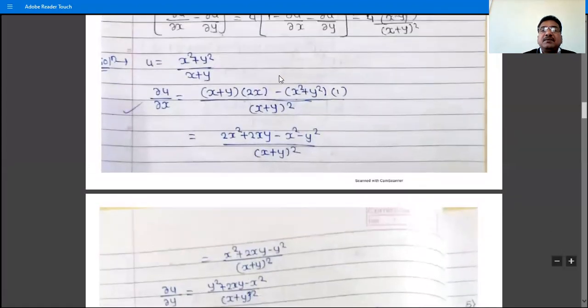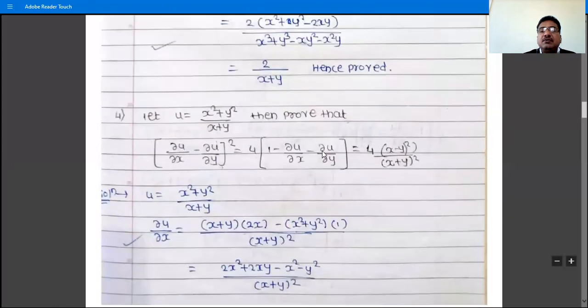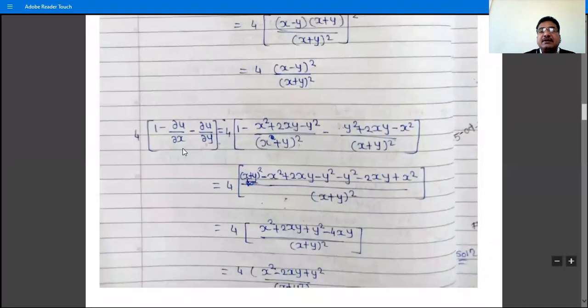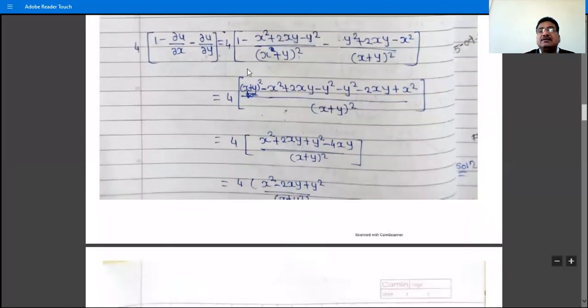Similarly, consider this 4 into 1 minus del u by del x, del u by del y, and substitute the values of this del u by del x and del u by del y. Take x plus y bracket square as LCM, and then 1 into x plus y bracket square is this quantity as it is, minus.